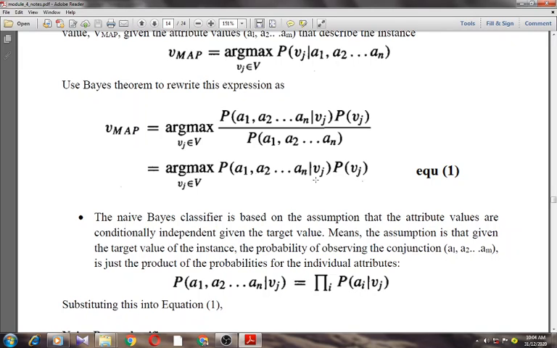The Naive Bayes classifier is based on the simplifying assumption that the attribute values are conditionally independent given the target value.